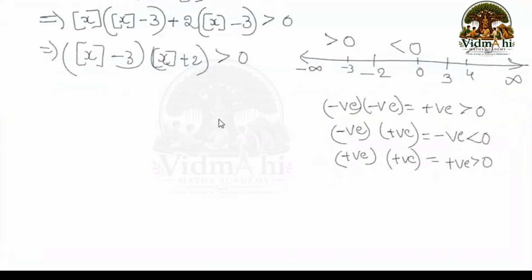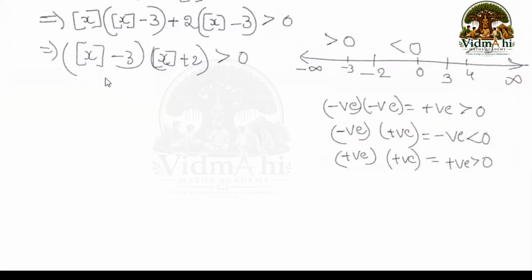Suppose the given function is a normal kind of function, for example, of the form x minus 3 into x plus 2 is greater than 0. Then we can directly consider minus infinity to minus 2 union 3 to infinity as the domain of the function. But observe here, the given function is not a normal kind of function.